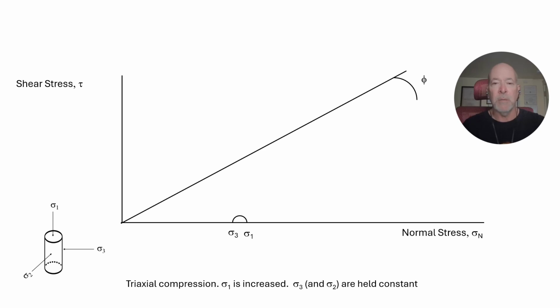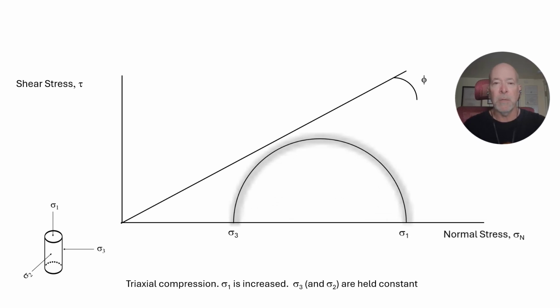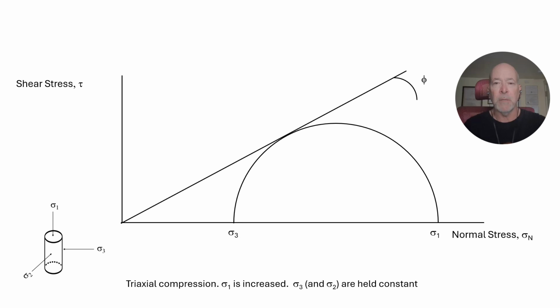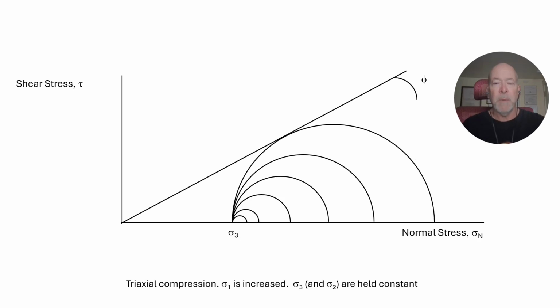That circle gets larger and larger until it fails, hits the failure envelope. And we talked about the circles in between, and there's an infinite number in between. There's the dot that signifies the initial confining pressure, and then the failure, and an infinite number in between.